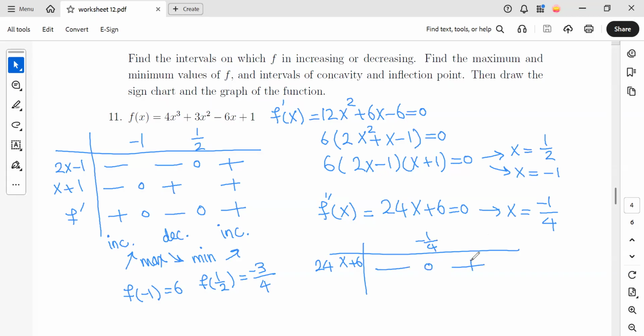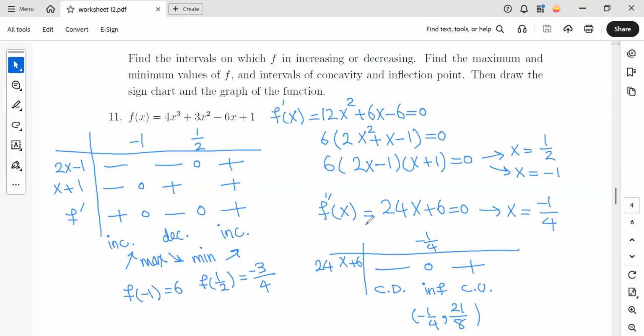Before that it is negative, after that positive, which means concave down, then concave up, and negative 1 over 4 will be the inflection point. And when you replace negative 1 over 4 in the original function, it will be 21 over 8.